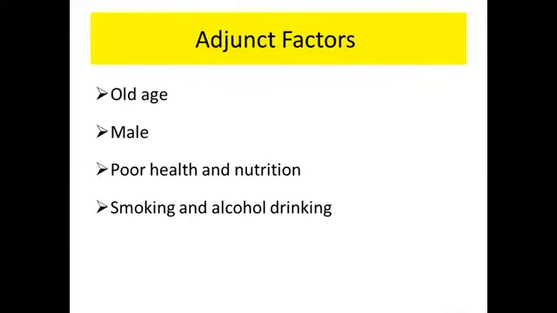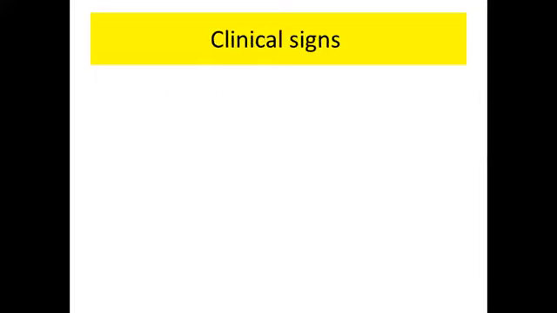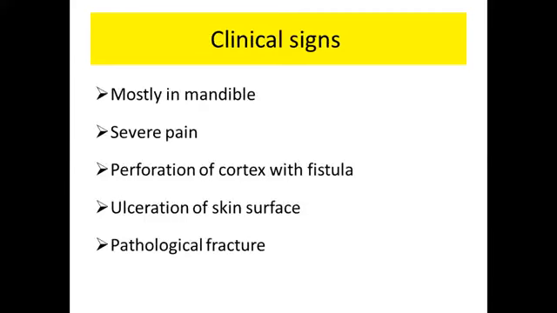Agent factors: old age, male patient, poor health and nutrition, smoking and alcohol drinking. Clinical signs: mostly in the mandible, severe pain, perforation of the cortex with fistula, ulceration of the skin surface, and sometimes even pathological fracture.